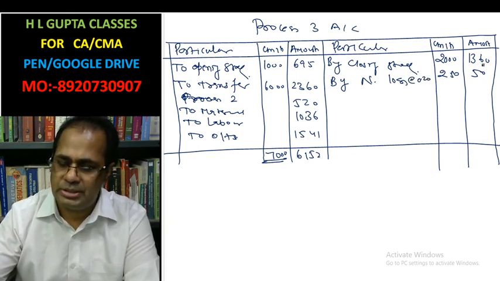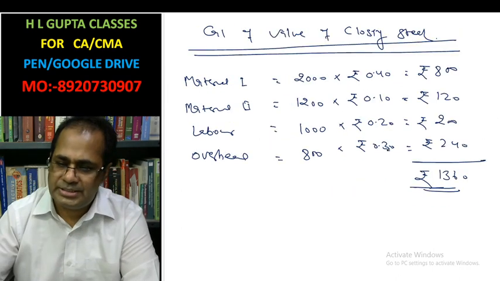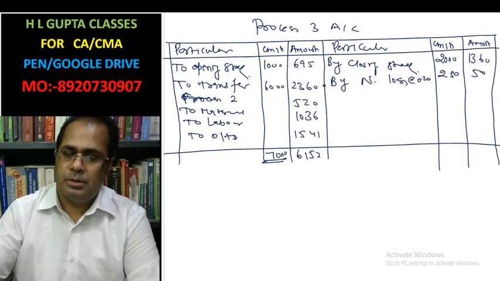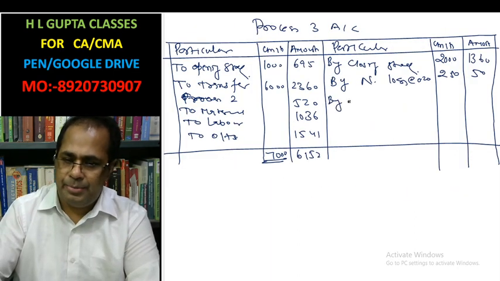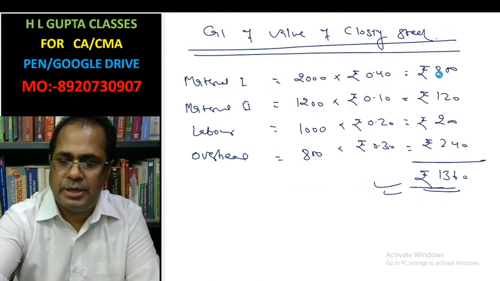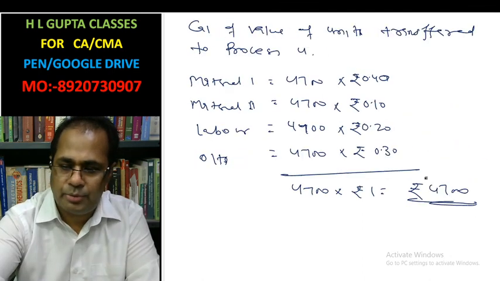Closing stock 1360 we have calculated here. These all costs are taken there. By abnormal loss 50 units. What is the cost of abnormal loss we have calculated here? That is 42. You write here 42.